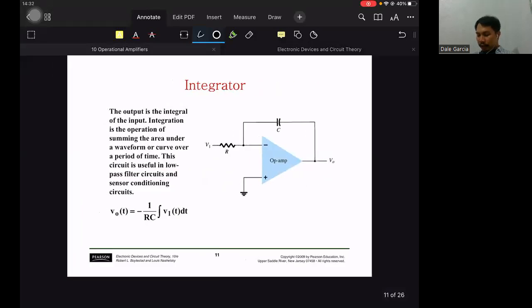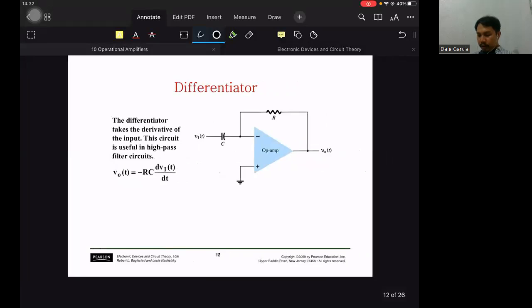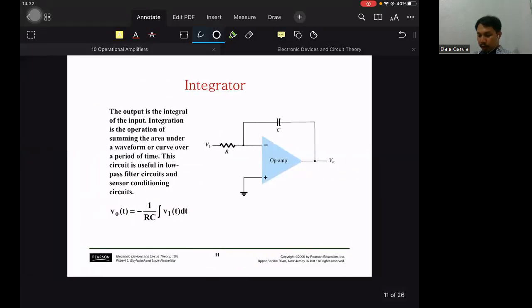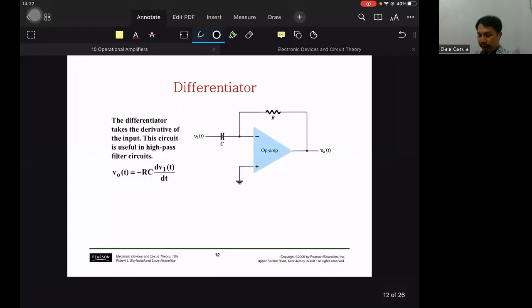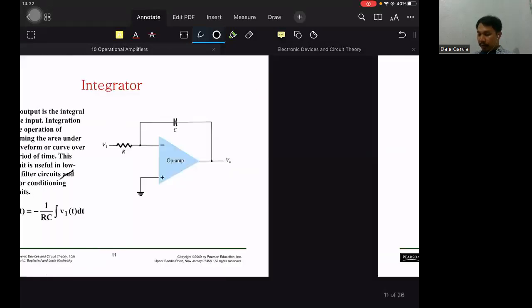So the integrator could be used as a low-pass filter circuit, and the differentiator as a high-pass filter. But we'll skip that for now because we'll be dealing with filters much later.